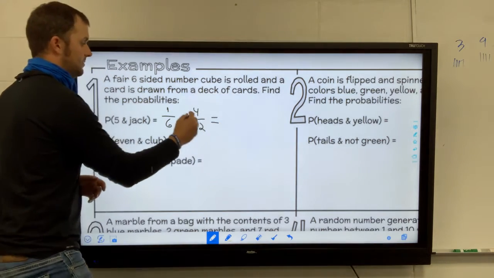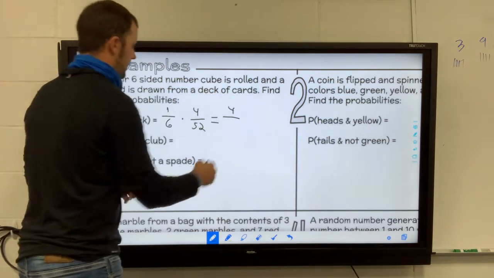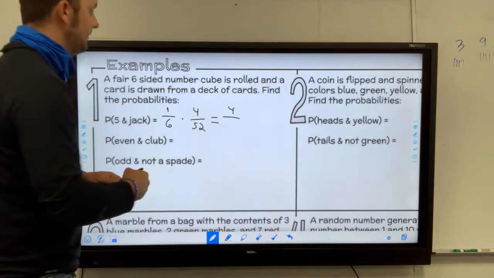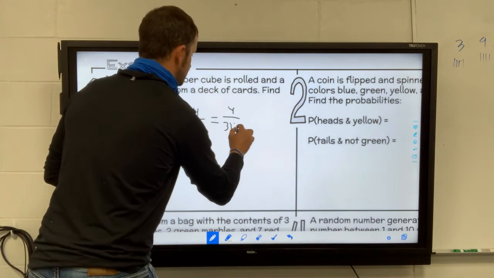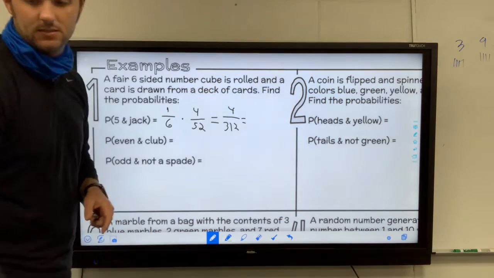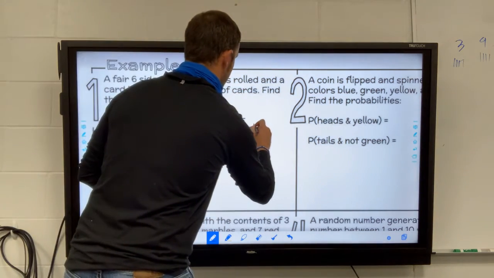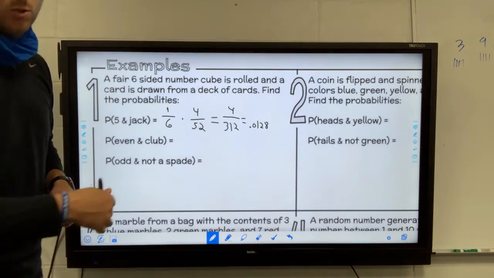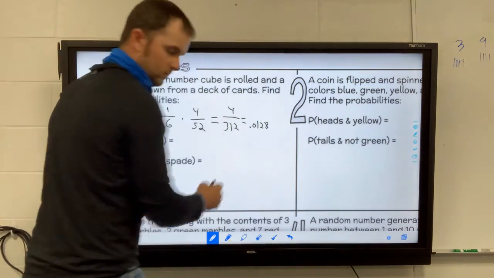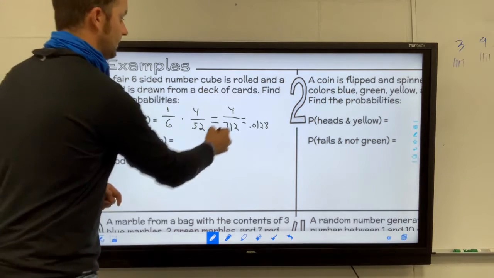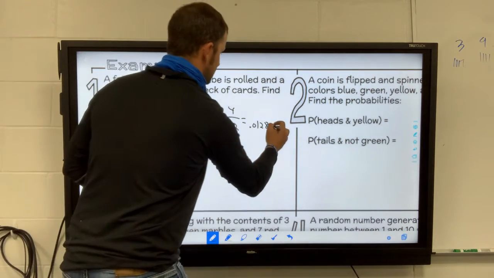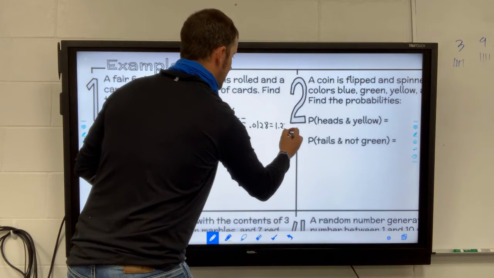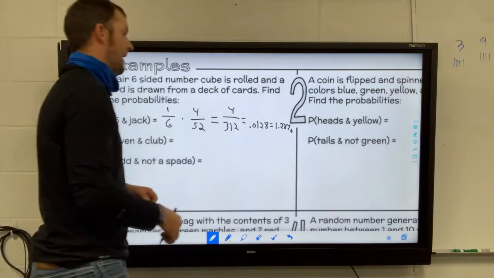So 1 times 4 is gonna give you 4, and 6 times 52 gives you 312. If I divide these, that means there's gonna be a 0.0128 chance. Move that decimal place 2 over, so 1, 2. So that's gonna make a 1.28% chance that this is gonna happen.